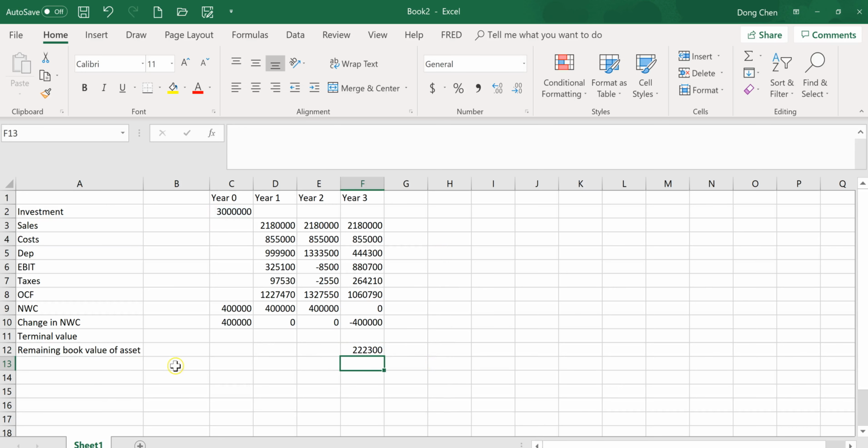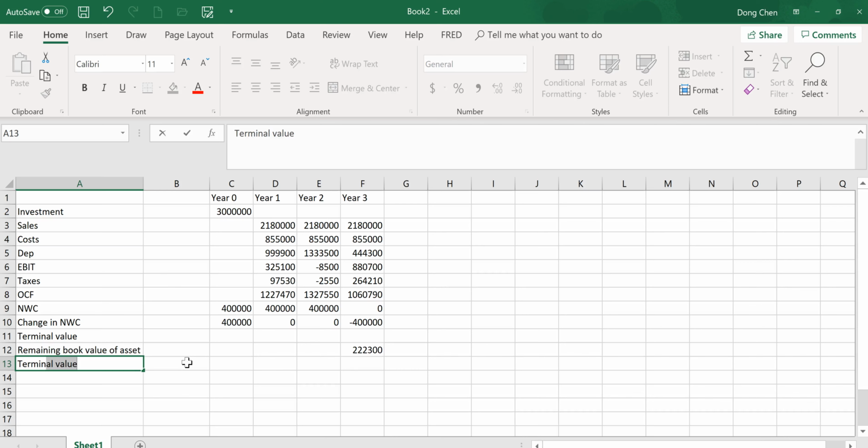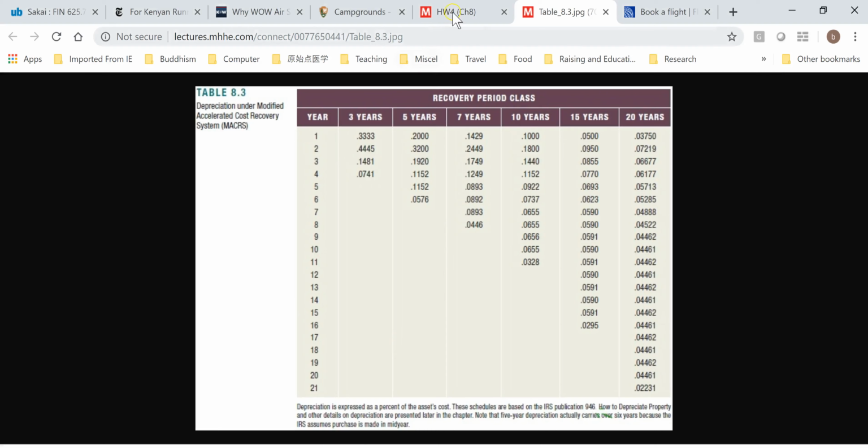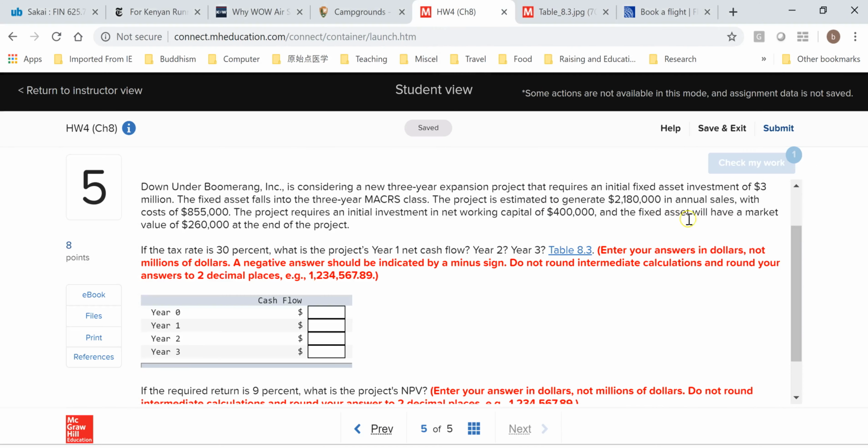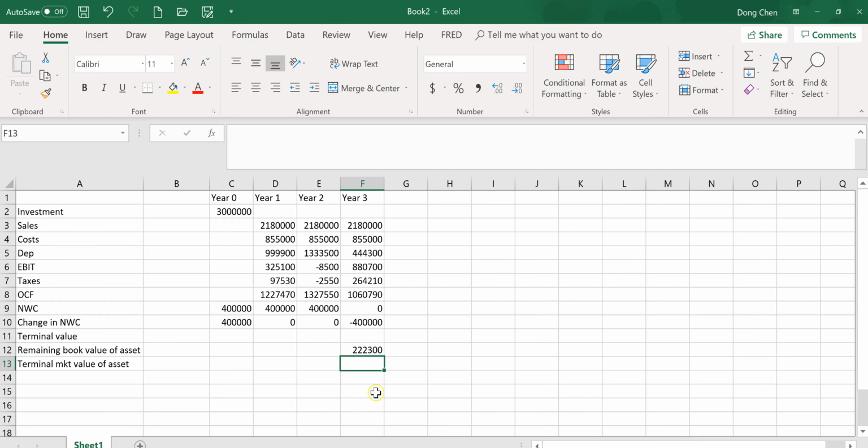So that's the remaining book value of asset and terminal market value. And that's given by the setup. The fixed asset will have a market value of $260,000. So this is 260,000.